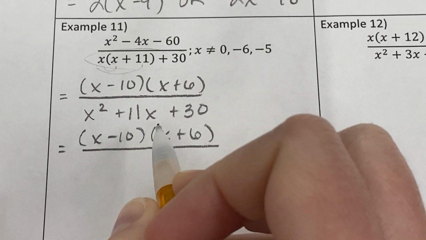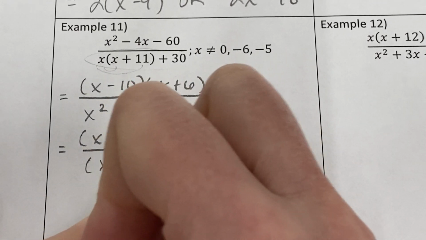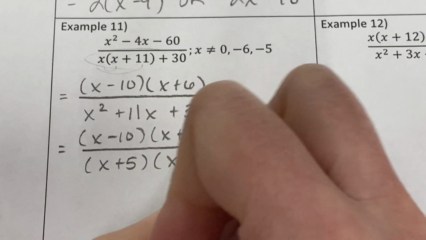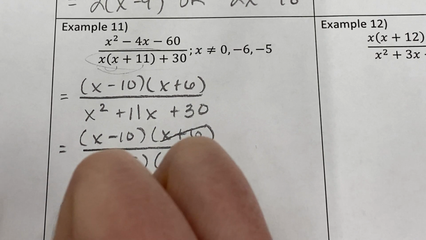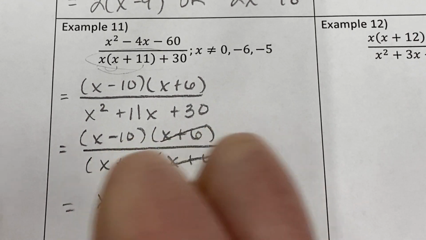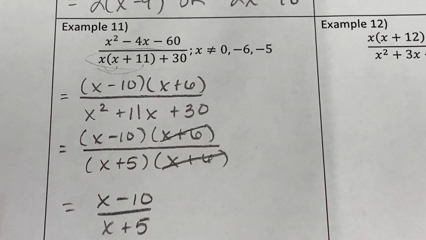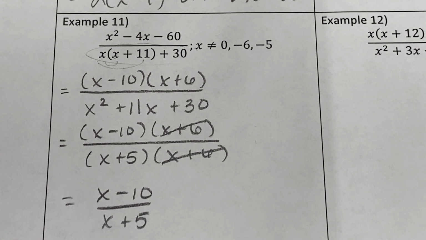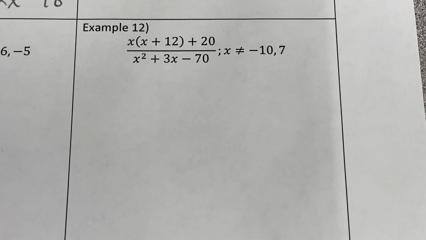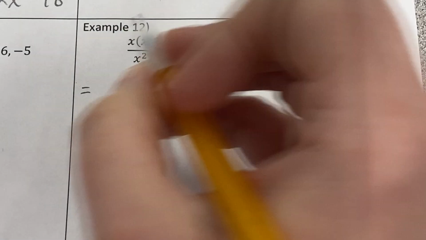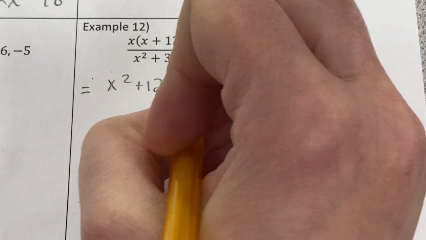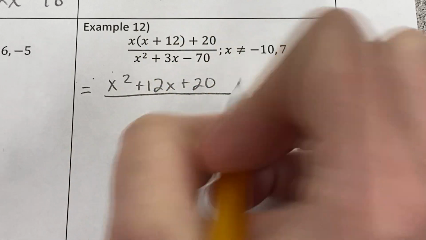And then when I factor this, it's x plus 5, x plus 6. So those cancel. And we are left with x minus 10 over x plus 5. Okay, similar deal here with example 12, but this time it's in the numerator. So let's distribute that, x squared plus 12x plus 20.